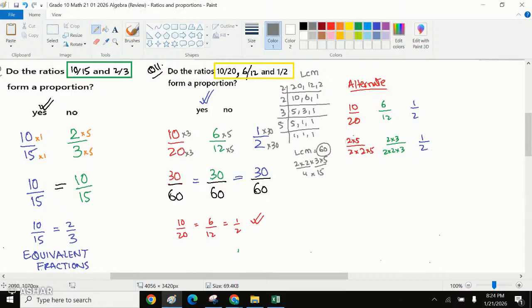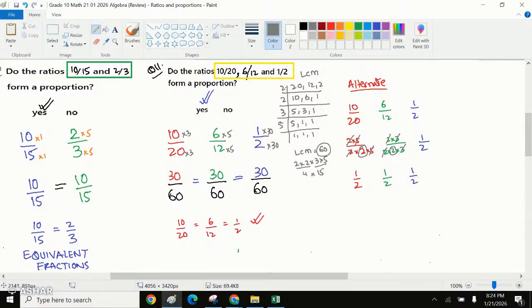Can we cancel the values? 2 can be cancelled, 5 can be cancelled, we are left with 2 in the denominator. 2 is cancelled and 3 is cancelled, we are left with this. So can I say 1 upon 2 is left, 1 upon 2 is left, and 1 upon 2 is left, right?